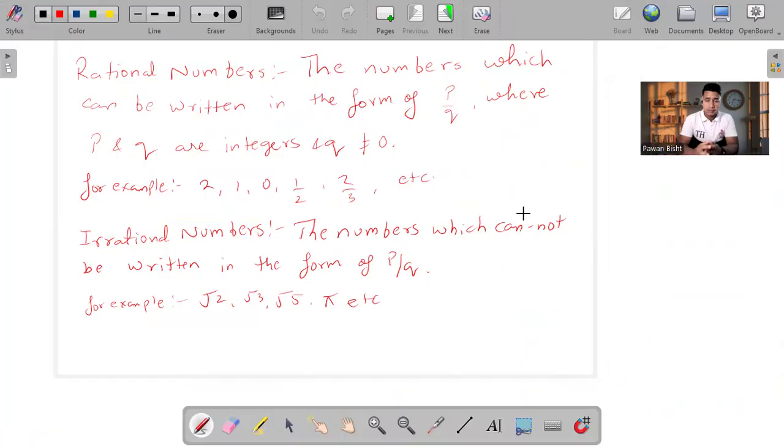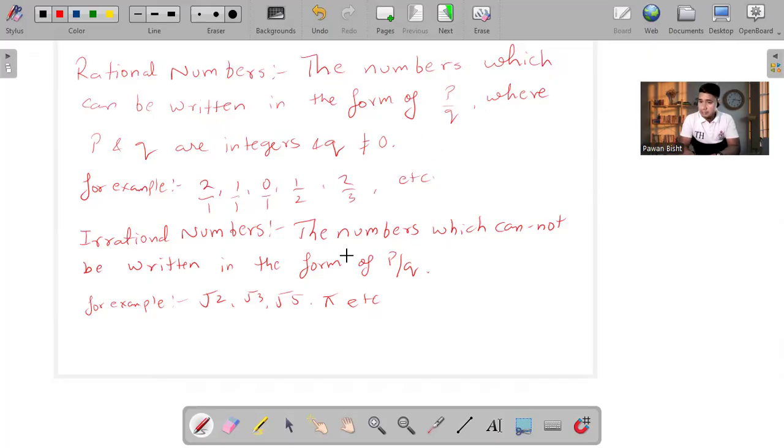The numbers which you can write in the form of P upon Q, where P and Q are integers and Q should not be equal to 0, are called rational numbers, like 2. Now you must be thinking 2 is not in the form of P upon Q. So we can write it this way: 2 upon 1, 1 upon 1, 0 upon 1. They are rational numbers, as are 1 upon 2 and 2 upon 3.